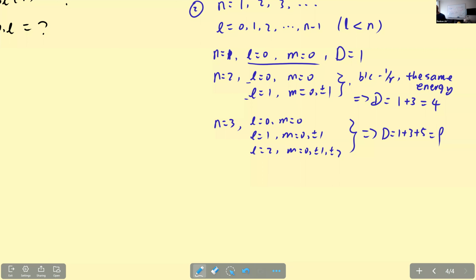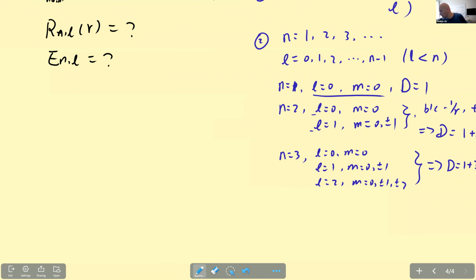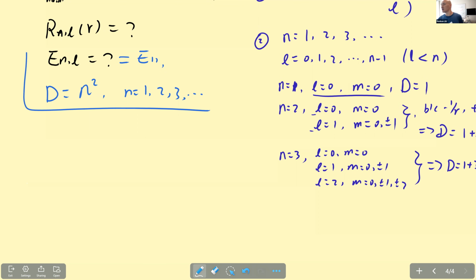And so obviously, you can see that the degeneracy D equals to n squared for n equal to 1, 2, 3, and so on and so forth. So that's the result for the energy.